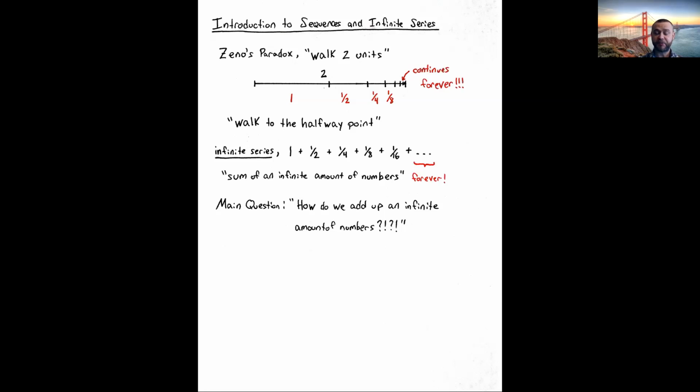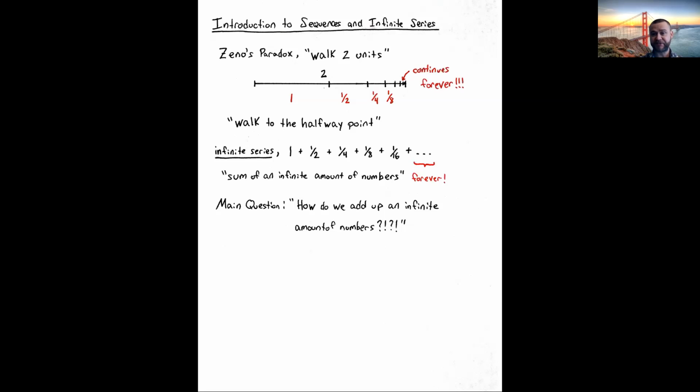Now, by looking at it this way, we're left with a kind of problem. We know how to add up a finite amount of numbers. I don't care if it's a list of 10 numbers or a list of 1 million numbers. You can still add up any finite amount of numbers. Add them in pairs and then keep adding from there on.